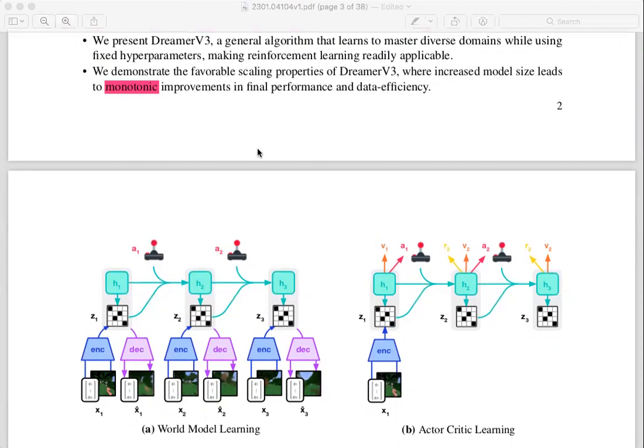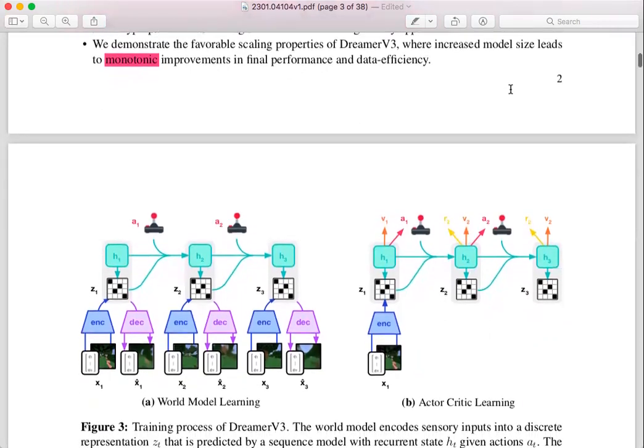Monotonic means varying in such a way that it either never decreases or never increases. Basically, from what I understand, if you give it more model size, so more information, it improves. So it sounds like they figured out a really smart way to tell something how to figure stuff out.